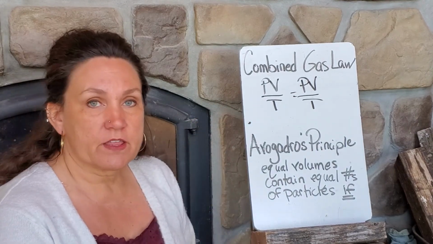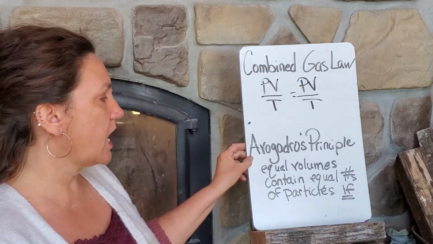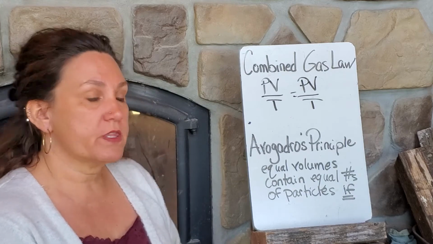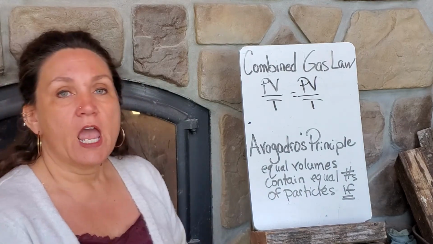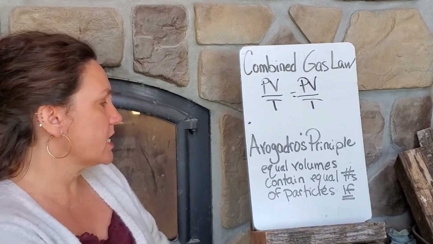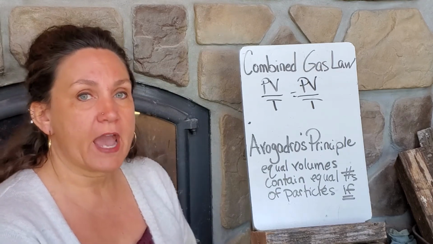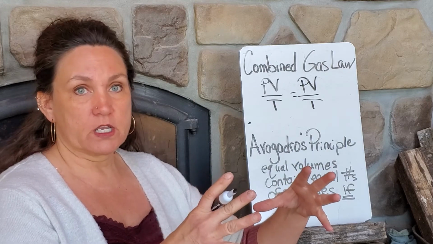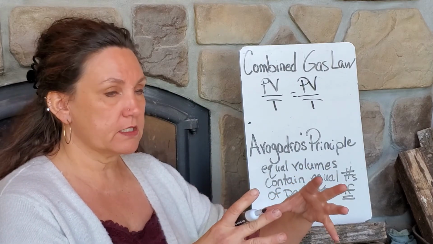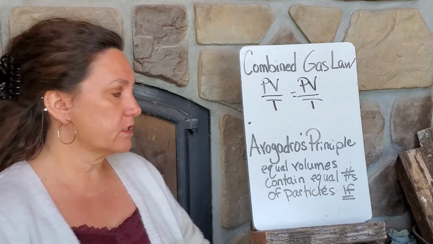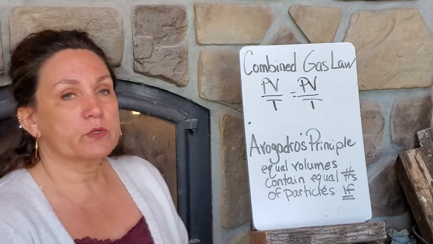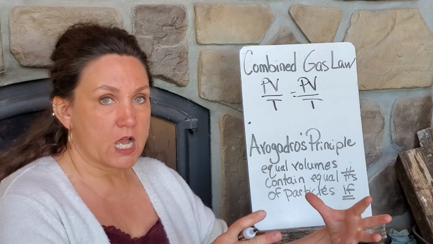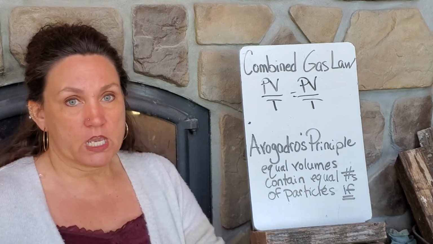The last gas law that I've got for you here is Avogadro's principle. And this is where we're dealing with the amount of gas. And he says that if you have equal volumes of gas, so let's say I have a balloon volume like this, and another balloon volume like this, equal volumes, they would contain equal numbers of particles. So this one's filled with carbon dioxide, this one's filled with helium.